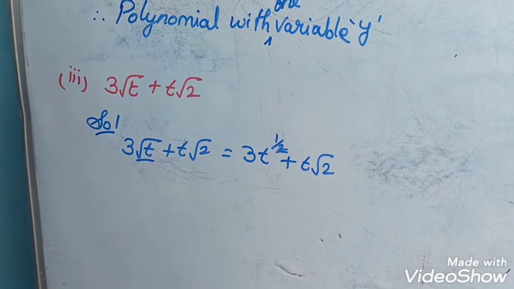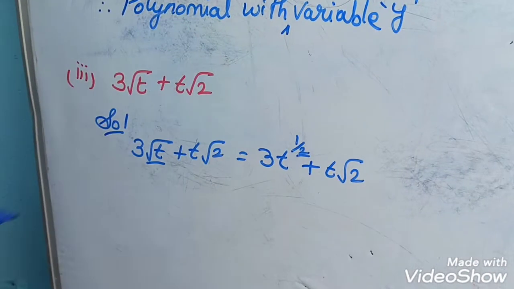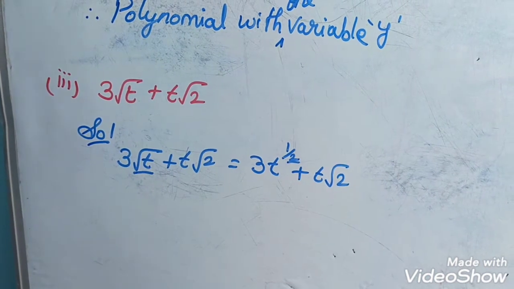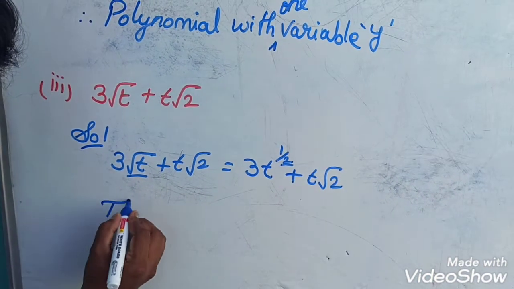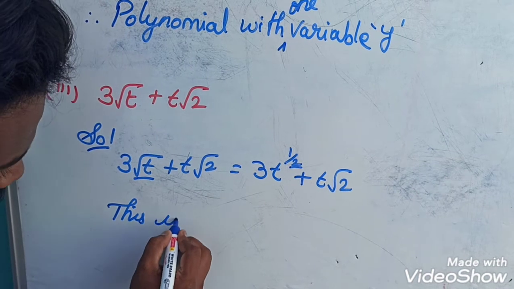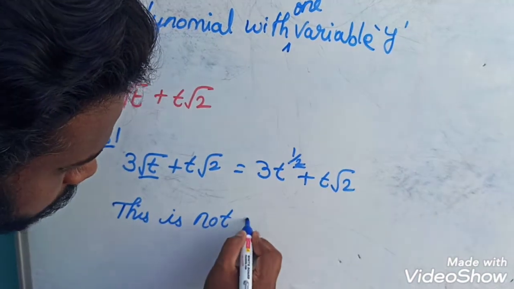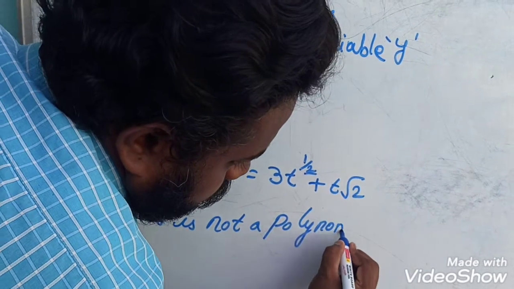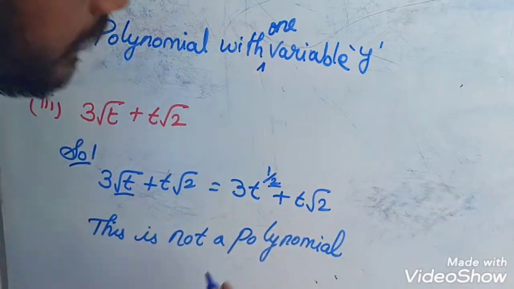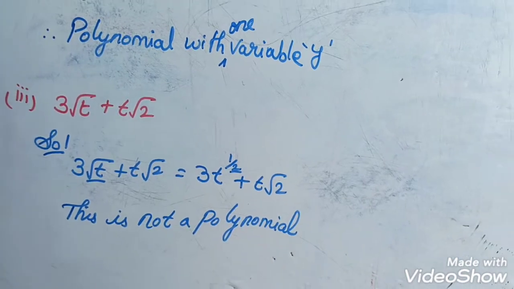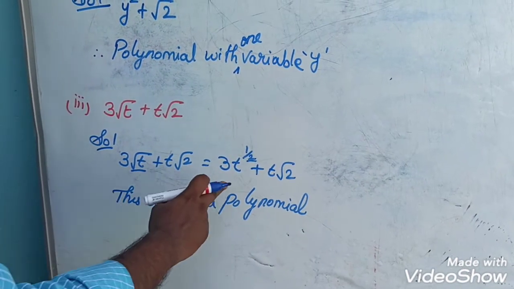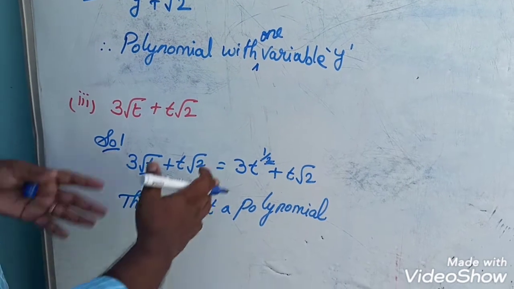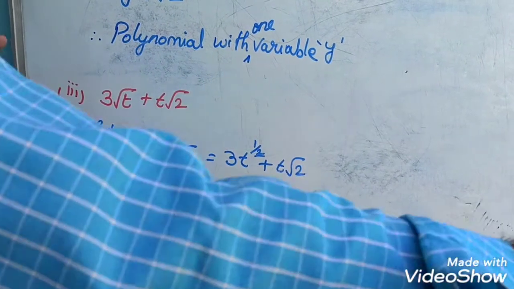Because of this, this is not a polynomial. You don't need to consider whether it is in one variable or not, and you don't need to give that reason.